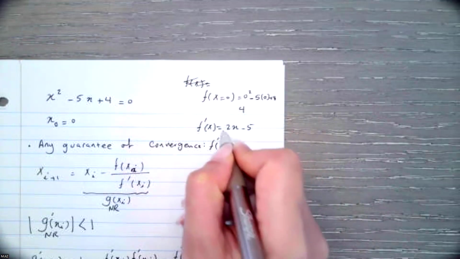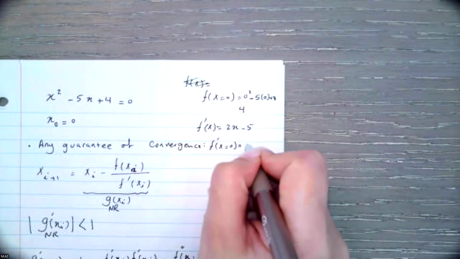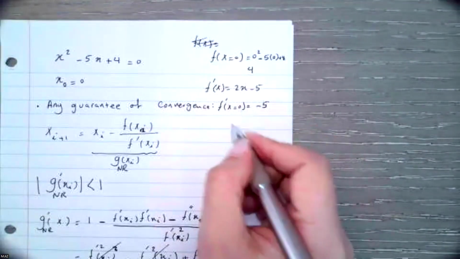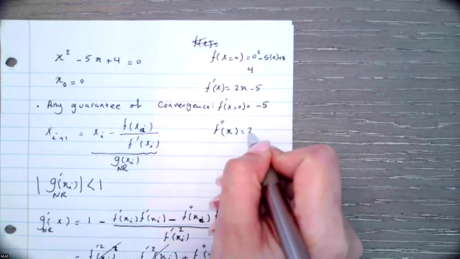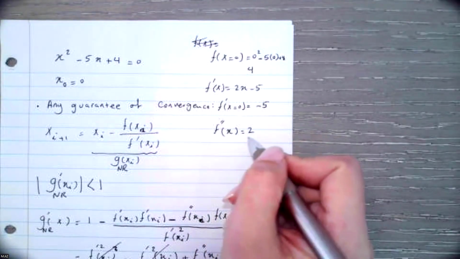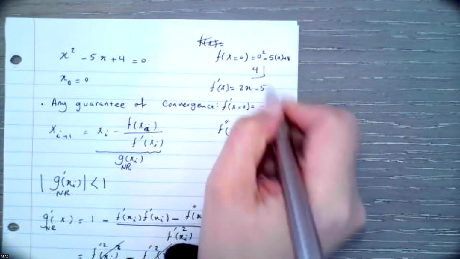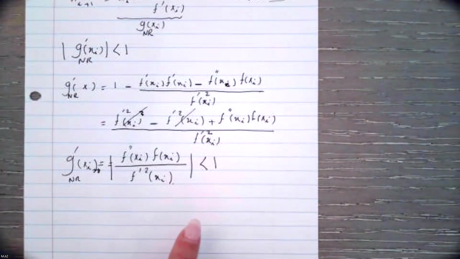The value at this initial guess will be negative 5 once we plug it in. And the second derivative of this function is 2, a constant value. Now we plug these values into this equation to check the guarantee of convergence based on this initial guess.